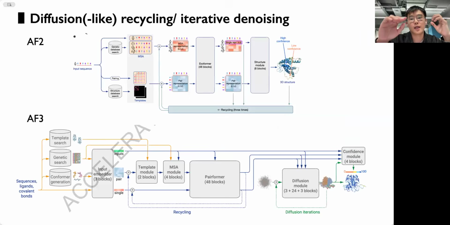You can see that for AlphaFold 2 and AlphaFold 3, the generation process is something like recycling or iterated denoising. In AlphaFold 2, you recycle the structural module for several iterations to make the prediction better and better. This denoising process is very similar to the diffusion model.